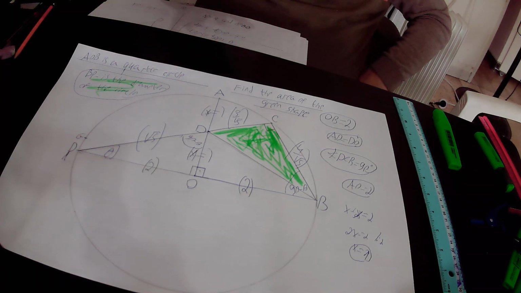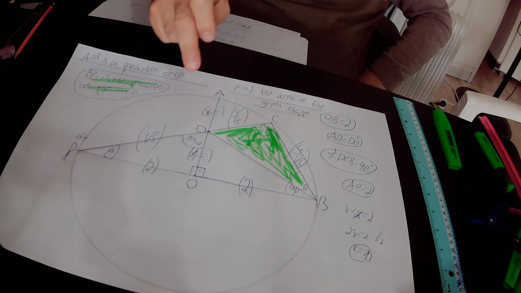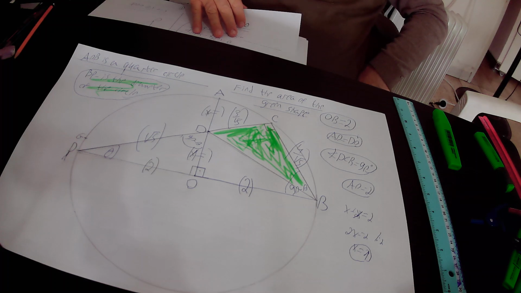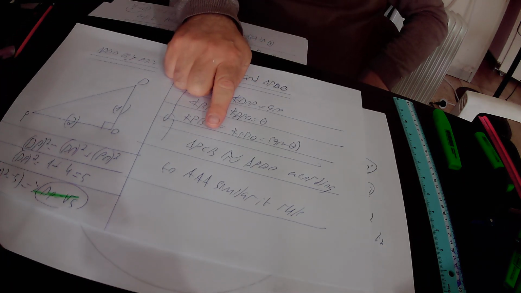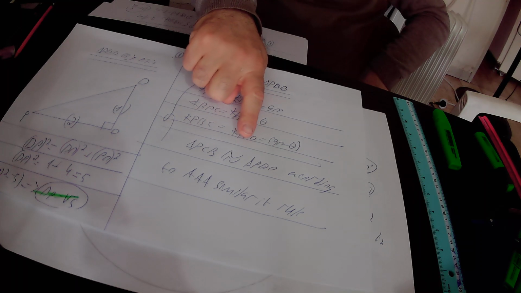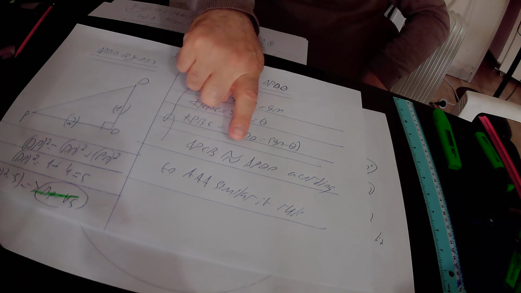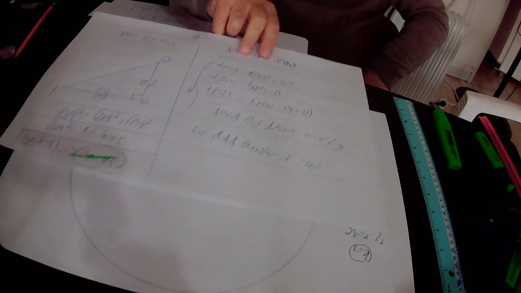Therefore, the right big triangle PCB is similar, this is the sign of similar, to the right small triangle PDO according to the angle similarity rule.